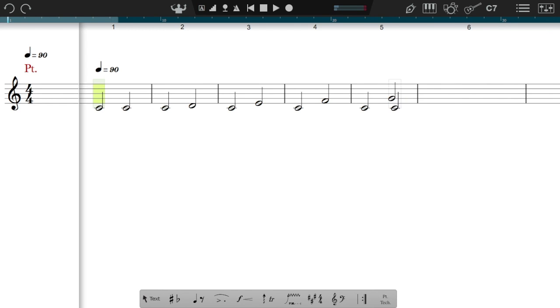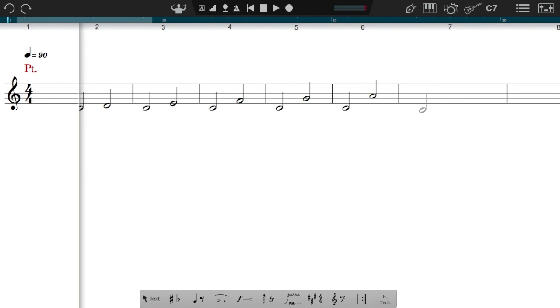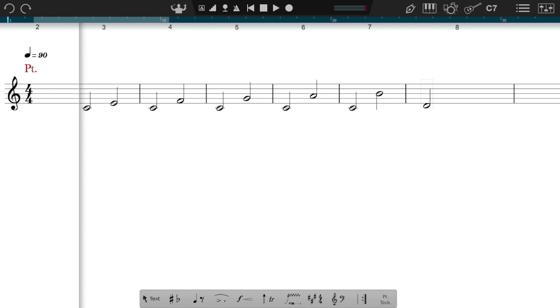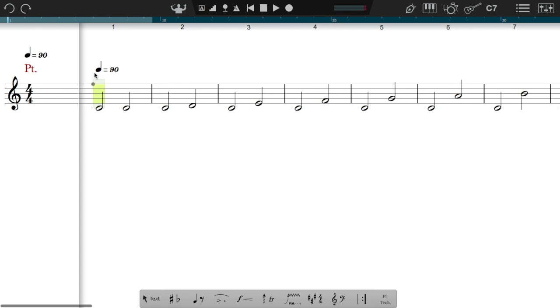C to G is 5, and C to A is 6, C to B, 7, and, whoops, sorry about that, C to C, we call that an octave, or an eighth. 1, 2, 3, 4, 5, 6, 7, 8. See that? So that's the quantity.